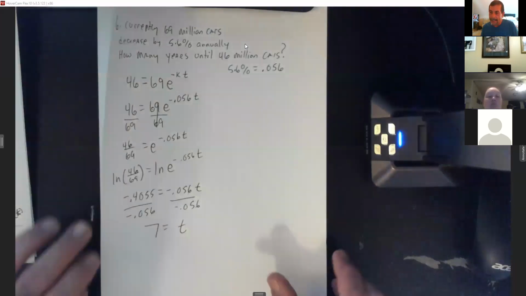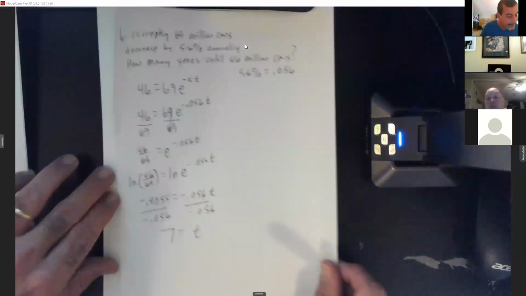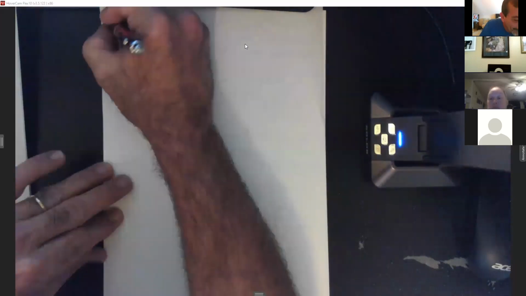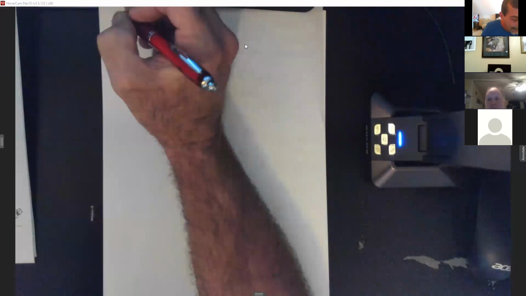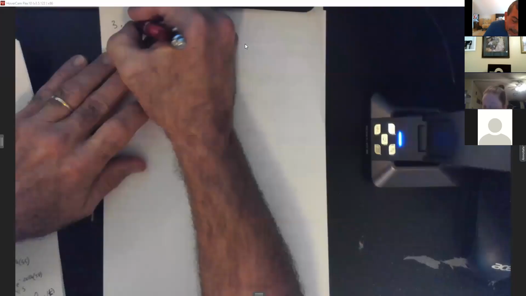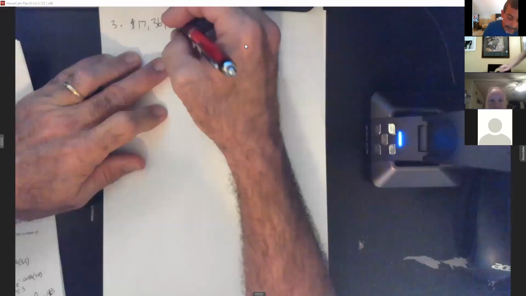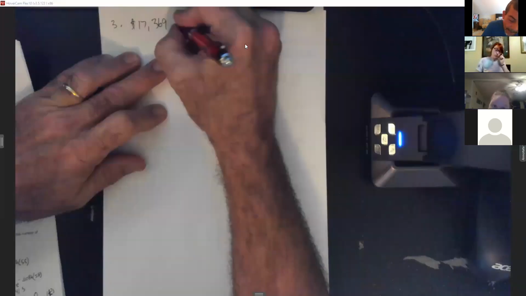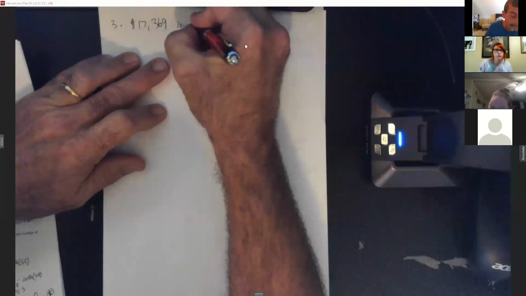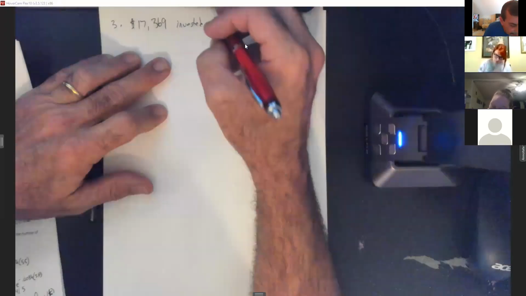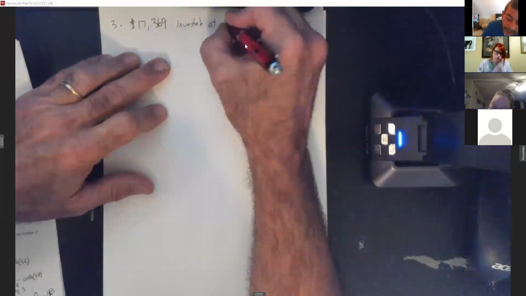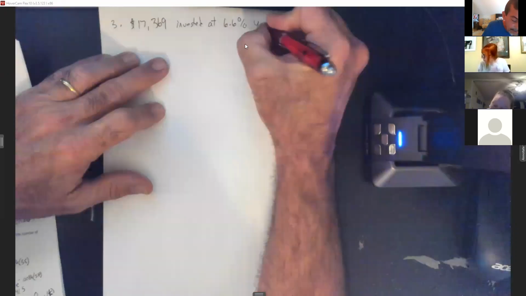Well, I guess I got time to do the one I skipped. I skipped number 3, so we've got time for it real quick. For number 3, we're going to suppose 17,369 is invested at 6.6% per year, compounded continuously.